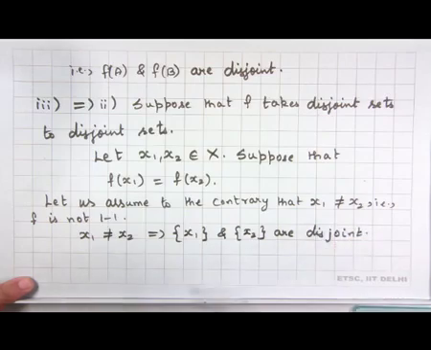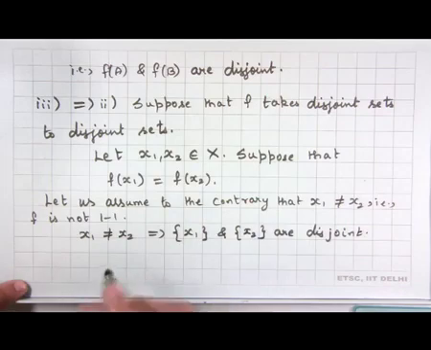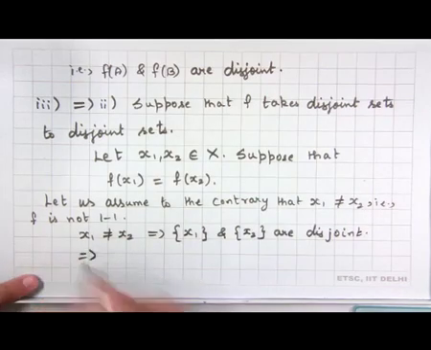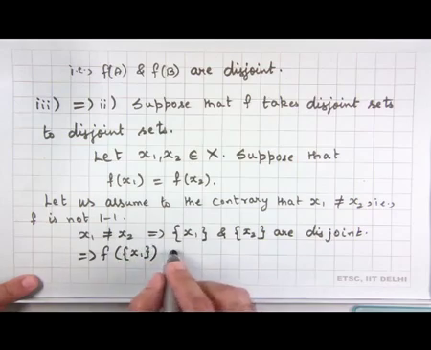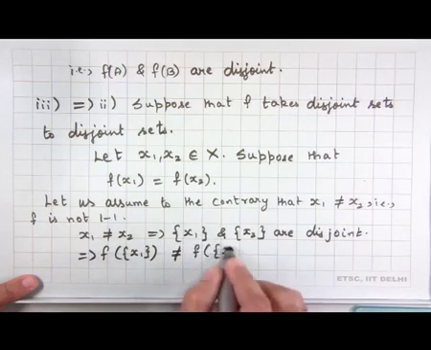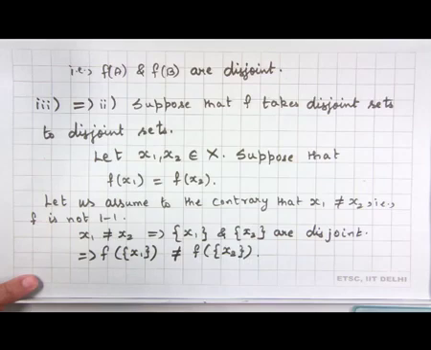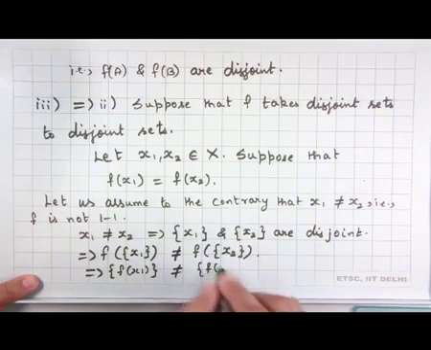But then our assumption says that f takes disjoint sets to disjoint sets, that implies that f of singleton x 1 is not equal to f of singleton x 2. That means this set is exactly f of x 1, this is not the same as the set f of x 2.